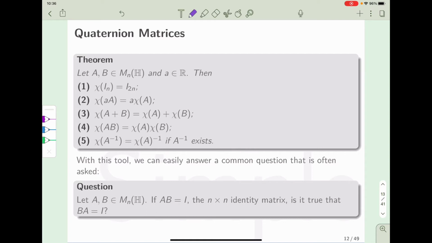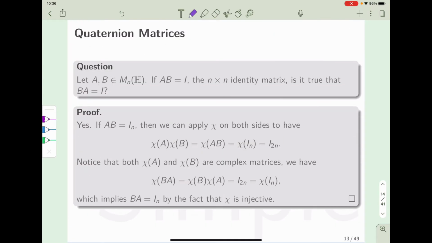Now we can answer this question. We know for complex matrices A and B that AB is the identity implies that BA is also the identity. But how about the quaternion matrices? If AB is the identity, then we can apply chi on both sides to have that chi of A times chi of B is the identity.